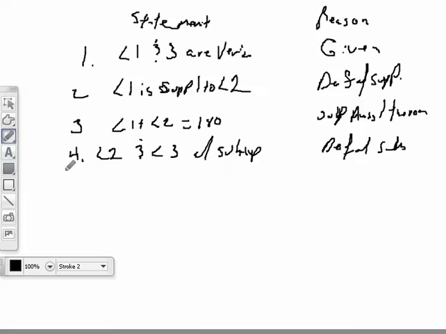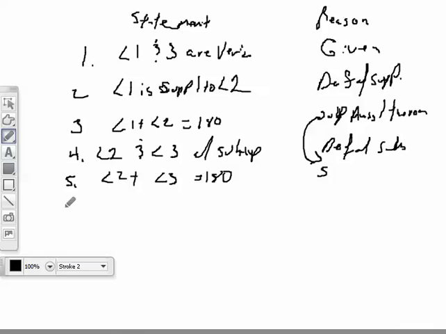And I could say right here, number 5, angle 2 plus angle 3 equals 180 degrees. Why? That's the same supplementary theorem right here, right? Same thing.